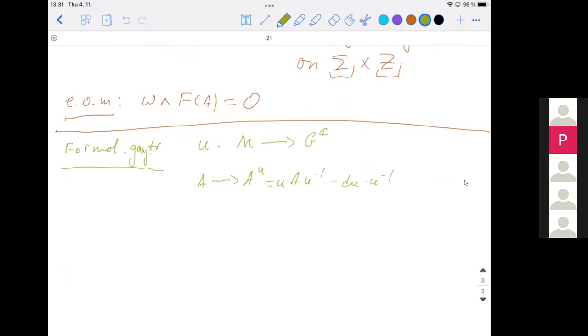It's a very general thing. The curvature term transforms like this, but omega times the curvature, the equation of motion, is invariant under this transformation.